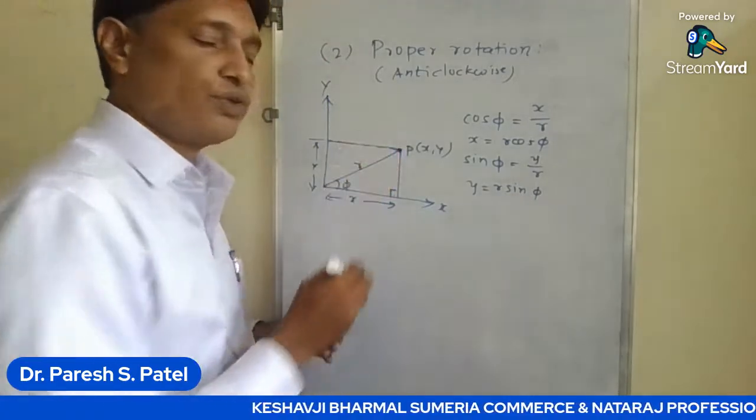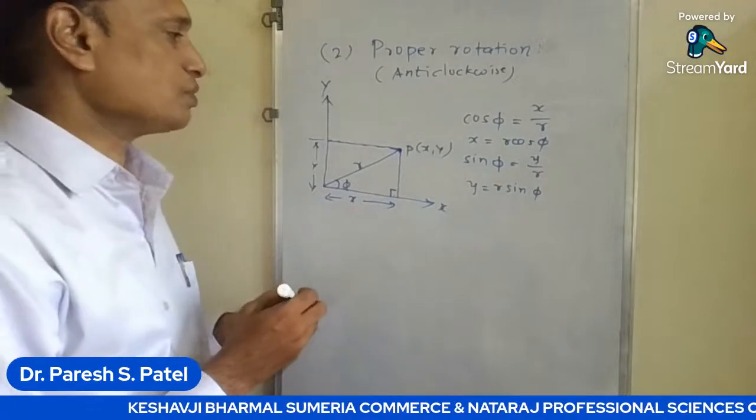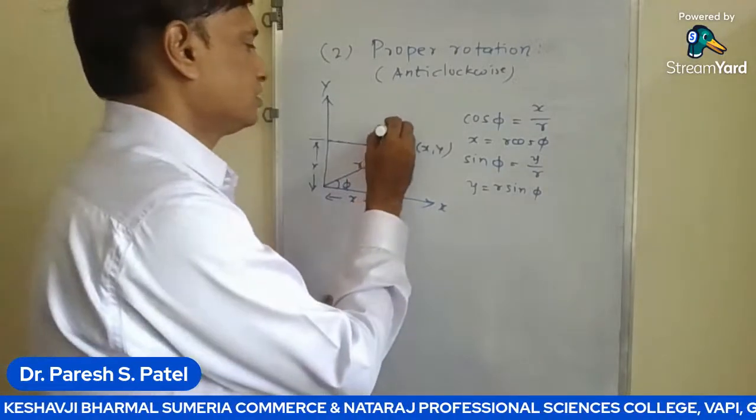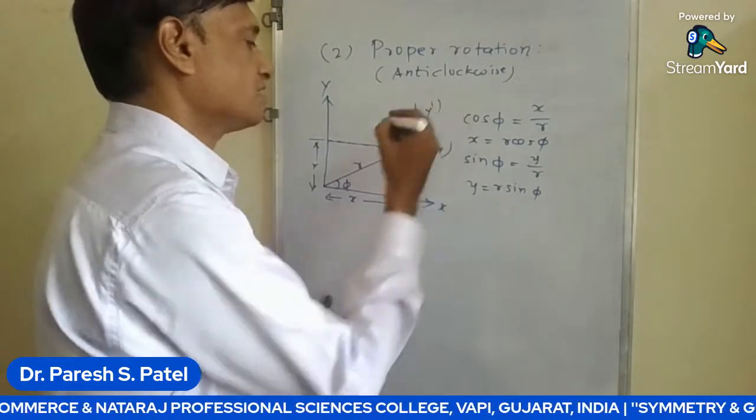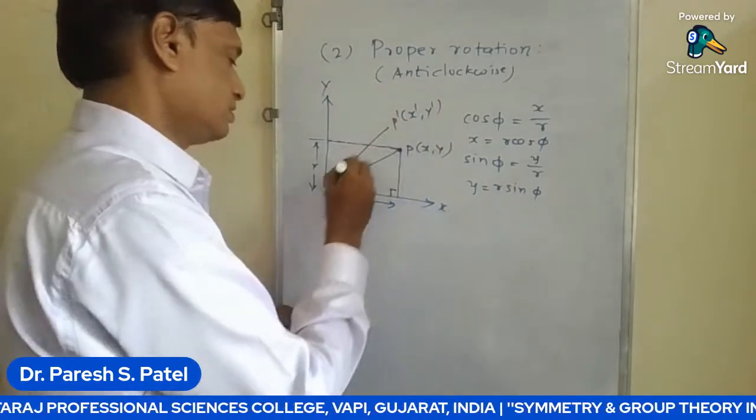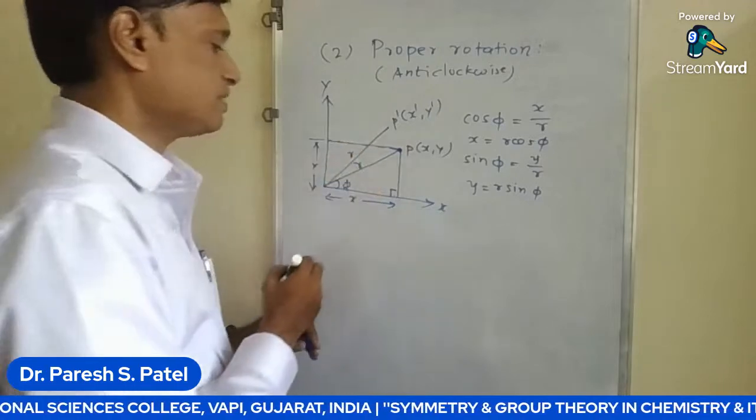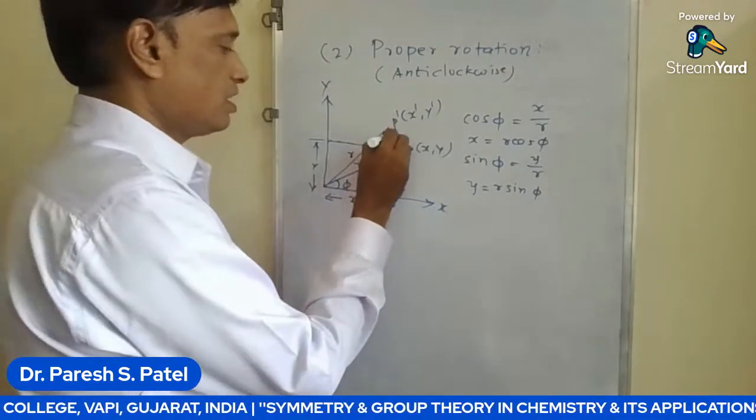Now, if you go for the anti-clockwise rotation, P becomes P dash with the new coordinates x dash and y dash, and the distance remains as it is.